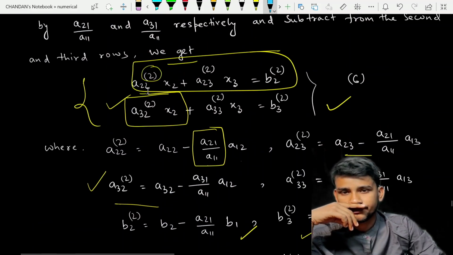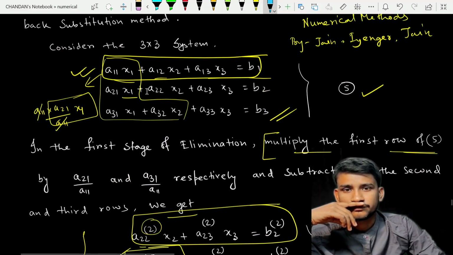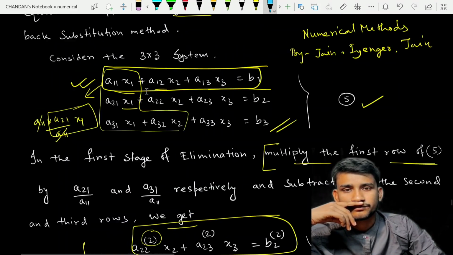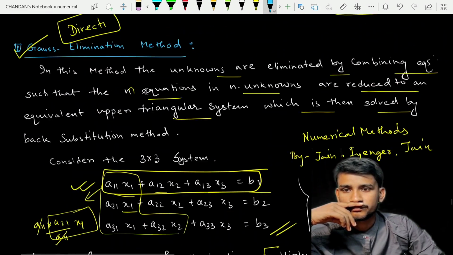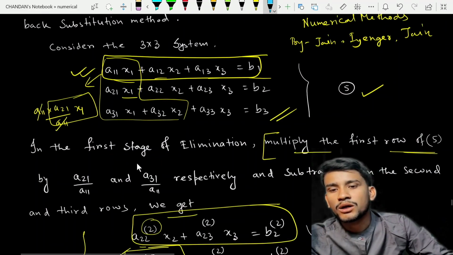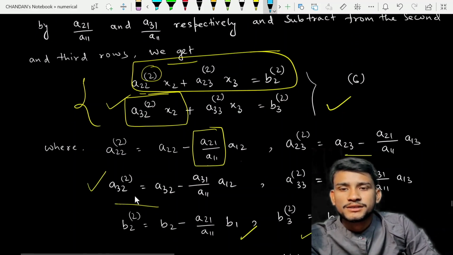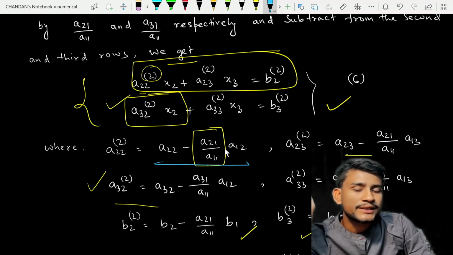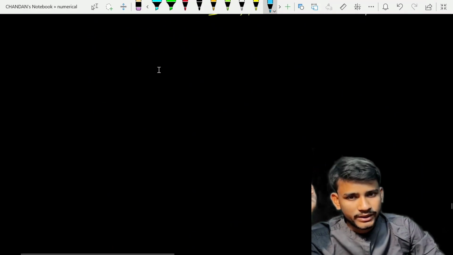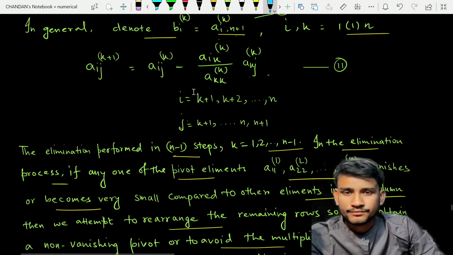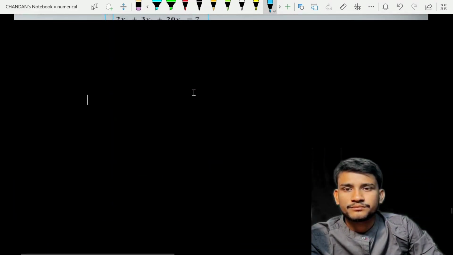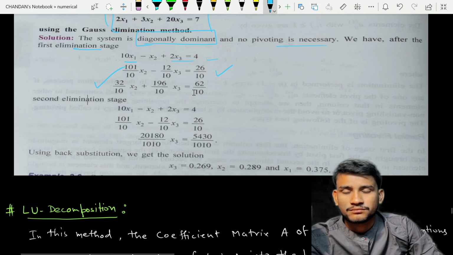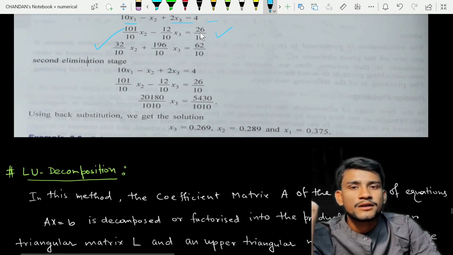We multiplied this a11 by this term: a22 equals a22 minus a21 by a11 into a12, and get this value. And get these values.